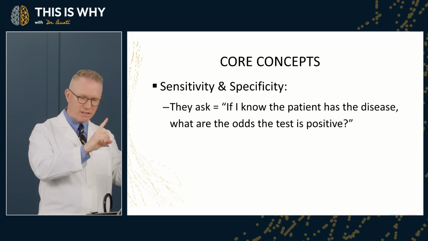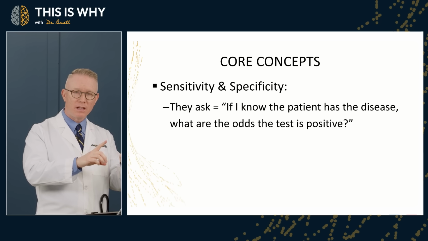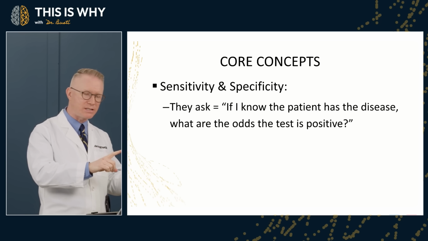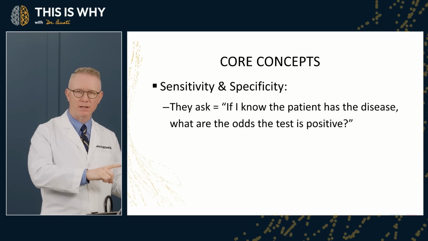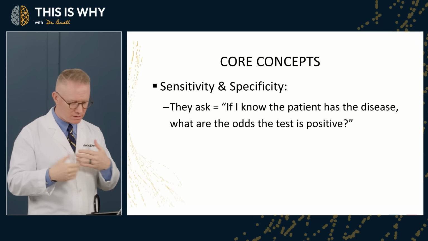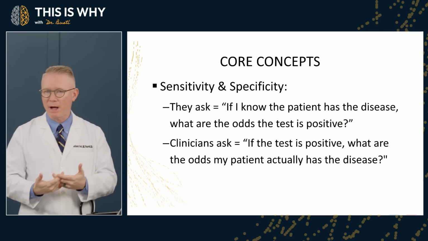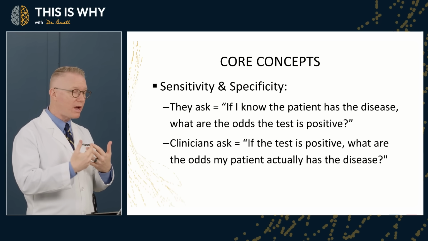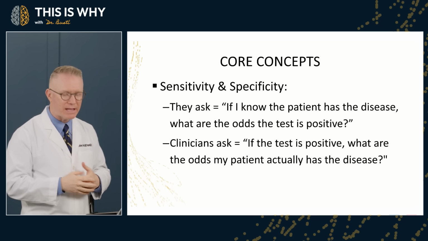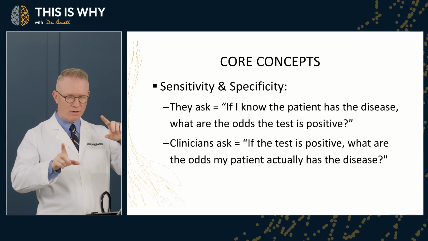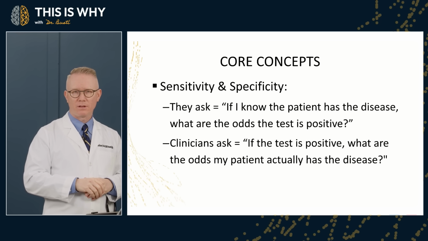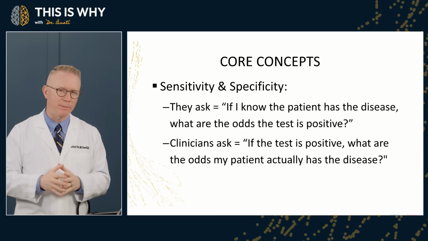Sensitivity and specificity ask, if I know the patient has the disease, what are the odds the test is going to be positive? The clinician will ask, if the test is positive, what are the odds that my patient actually has that disease? You see the two questions or angles that we each have. And that's okay. You just need to keep yourself oriented.